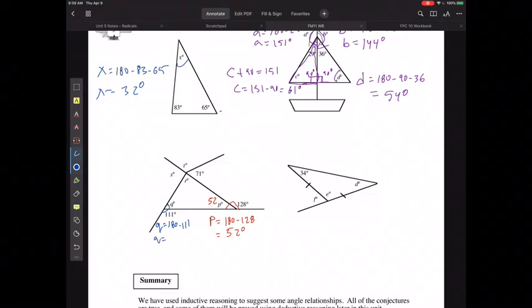Q is going to be equal to 69 degrees. R is going to be the third angle that exists inside this triangle. If R, P, and Q all add up to a triangular 180, then R is going to equal 180 minus 69 minus 52, which means that R is going to be equivalent to 59 degrees.